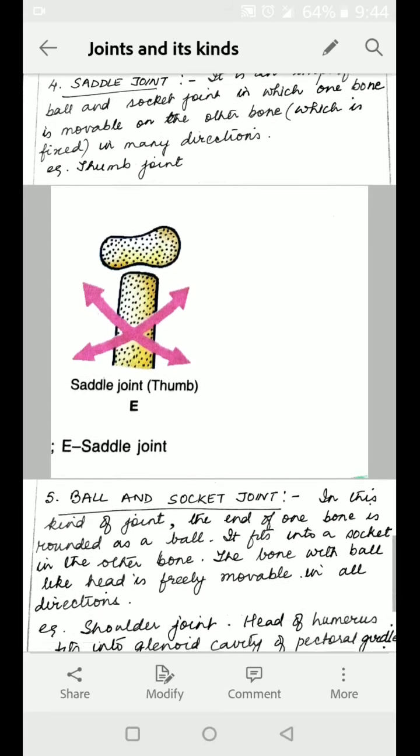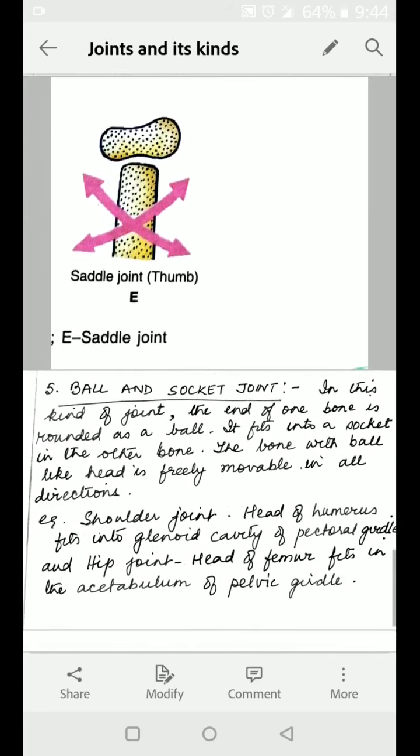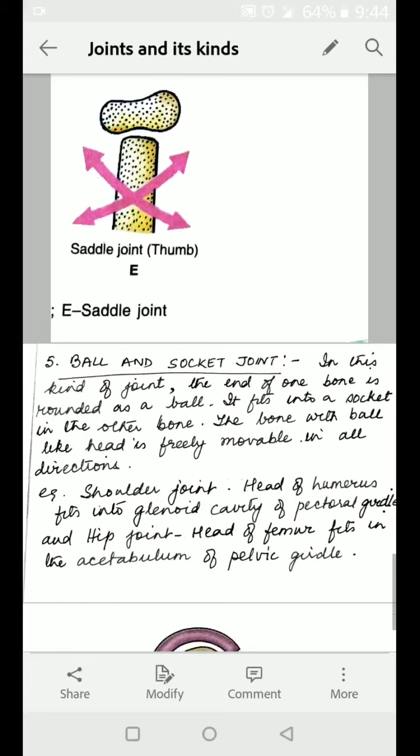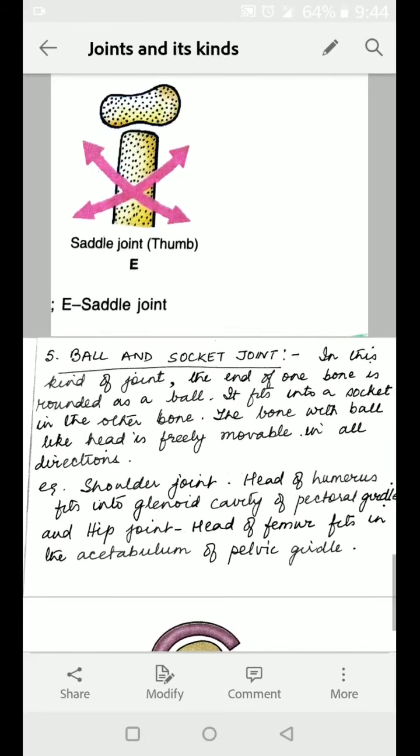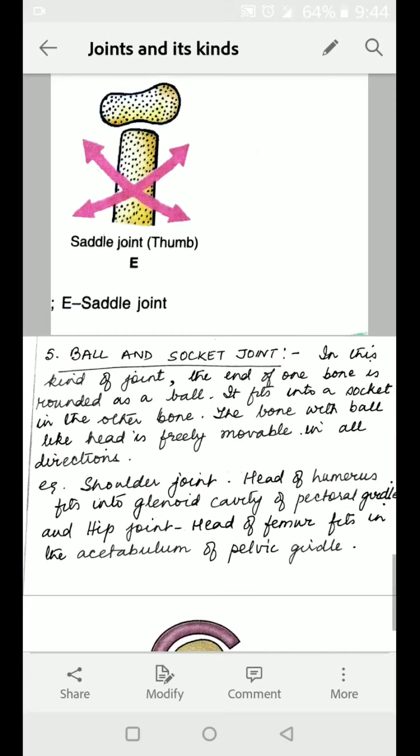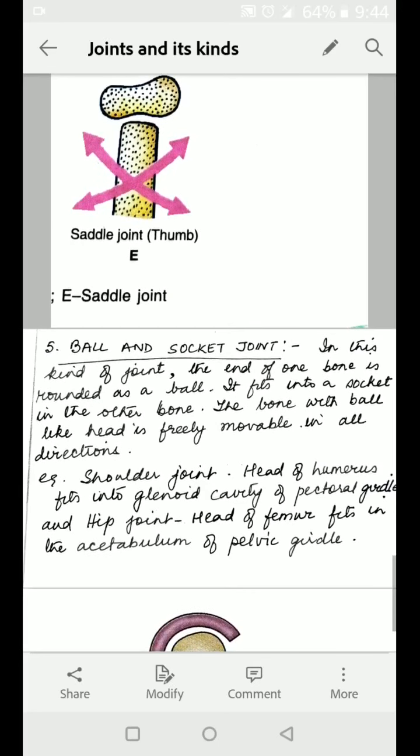An example of this is the shoulder joint, where the head of the humerus bone fits into the depression or cavity called the glenoid cavity of the pectoral girdle at the shoulders.